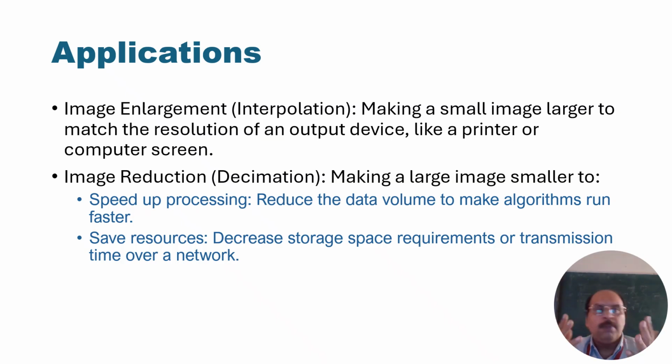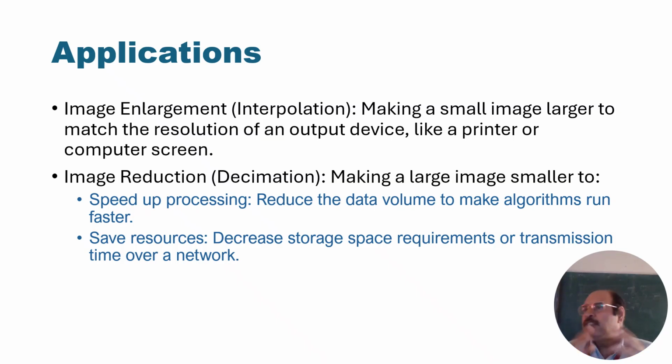One example application for interpolation, that is making a smaller image larger, is connecting to an output device like a printer or a computer screen and so on. Suppose you have a projector and you wanted to project the same image to a larger size, you may need to have some kind of interpolation, image transforms.